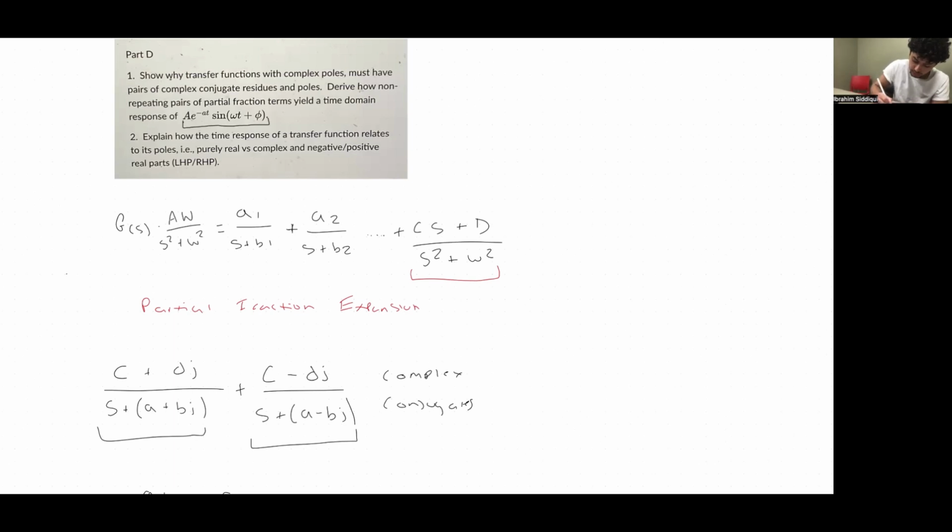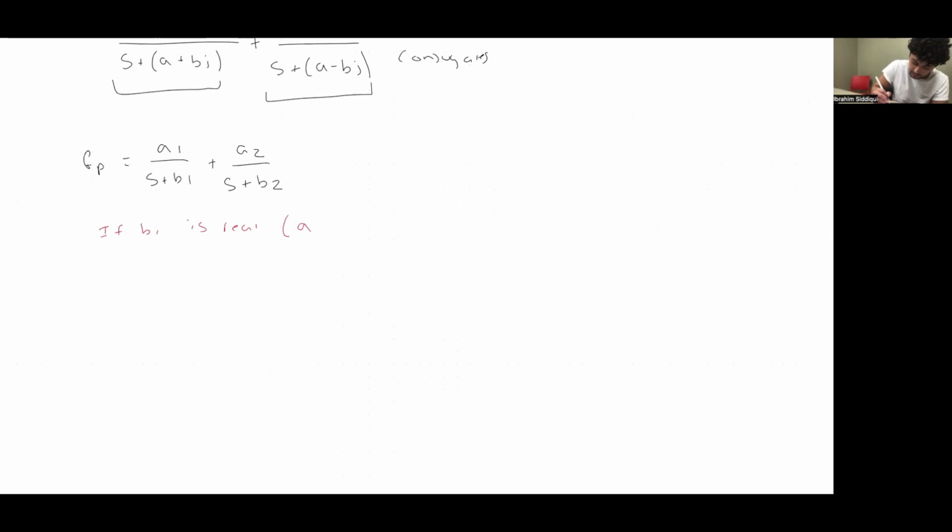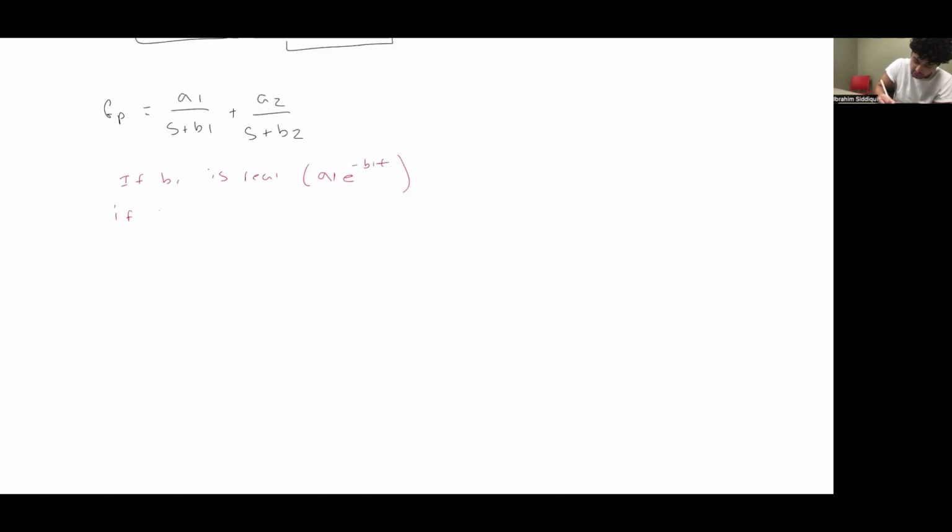So if B1 is real, then essentially what we get is A1 e to the negative B1 t. And if B2 is real, essentially what we get is decay, okay?